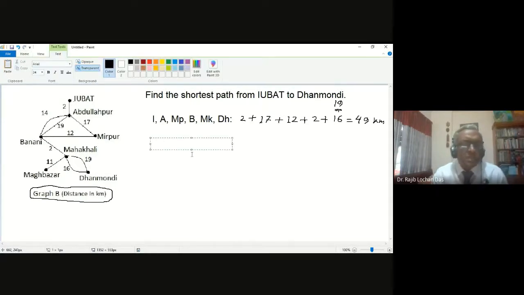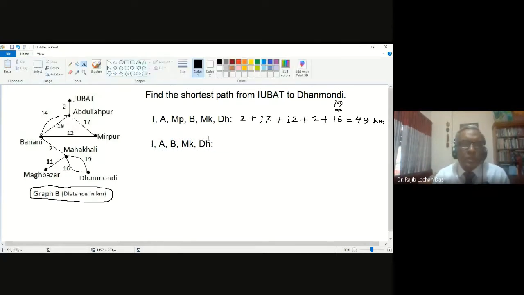So let us consider another one. Again, you start from I and then you are going to Abdullahpur, and then you are taking another one. Say Bonani first, and then Mohakhali, and then Dhanmondi, something like this. No other options. So in this case, what will happen? You can write down or you can check the calculation.